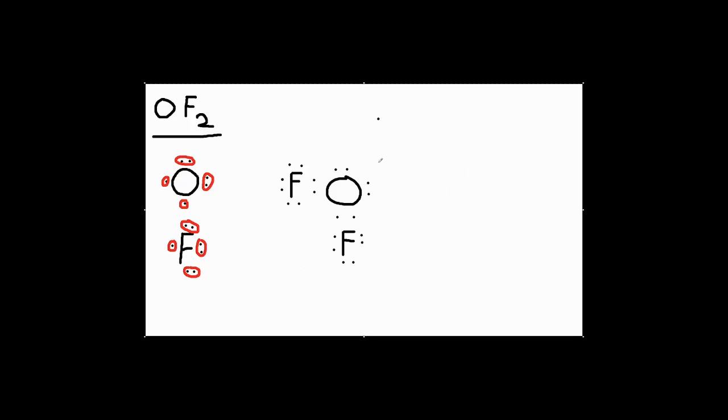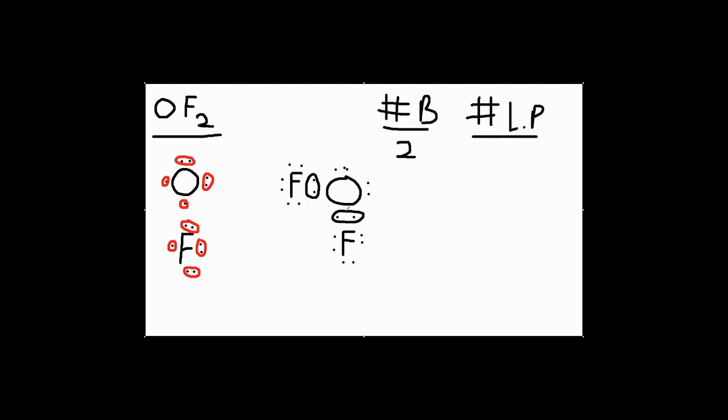So let's do number of bonds, B for bond, and number of lone pairs, P. So as you can see, we have 1, 2 bonds here. 2.